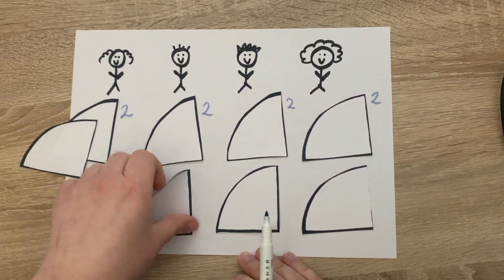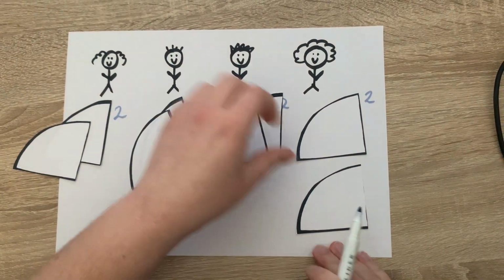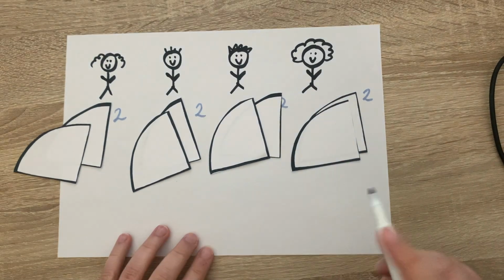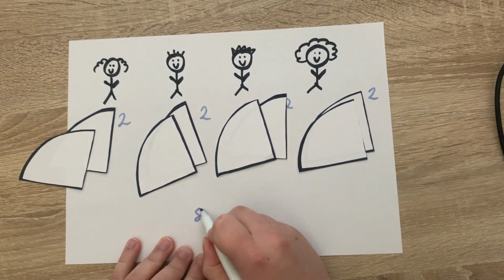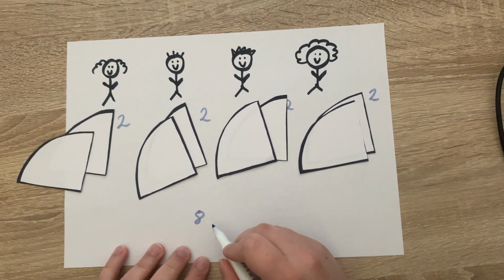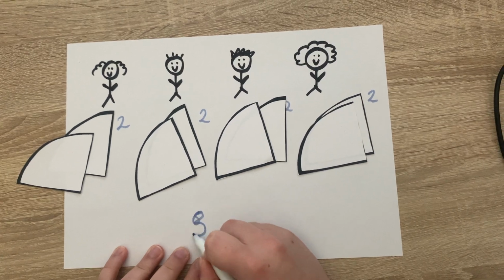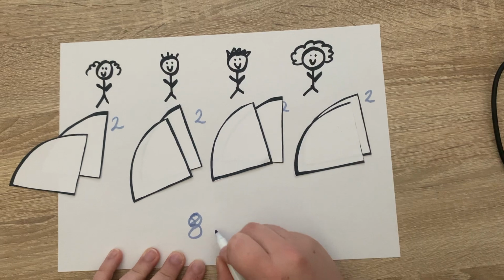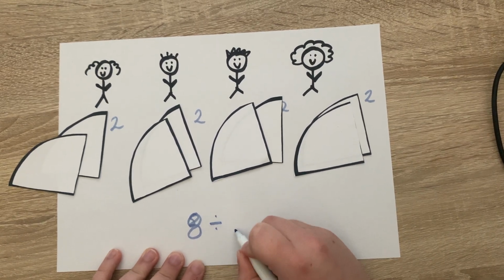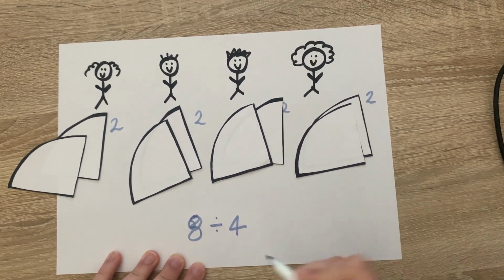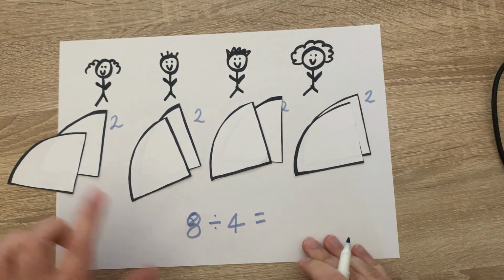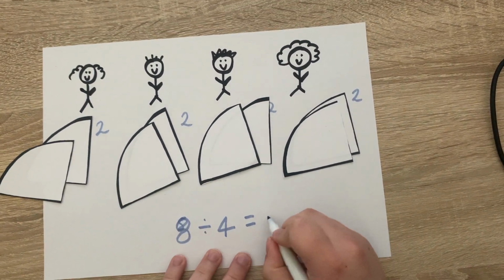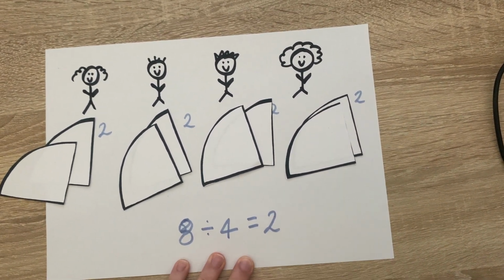How could we write that as a number sentence? So Gino had 8 pieces of pizza, and he divided them between 4 people. And each person ended up with 2 pieces of pizza.